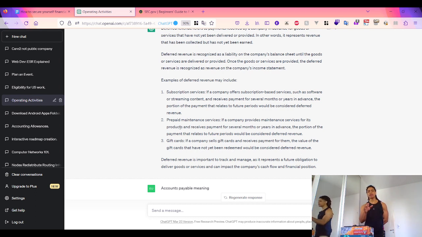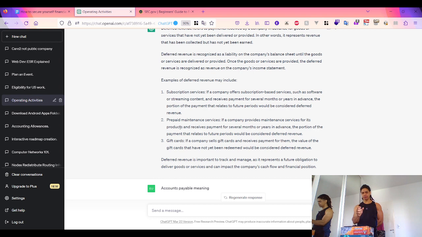So the TLDR of this is, accounts payable refers to the money owed to the suppliers and vendors for good and service that you have received but not yet paid for. This is usually short-term liabilities, 30 to 60 days. Examples are raw materials, office supplies, and service.